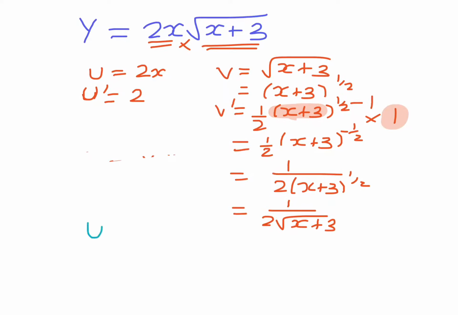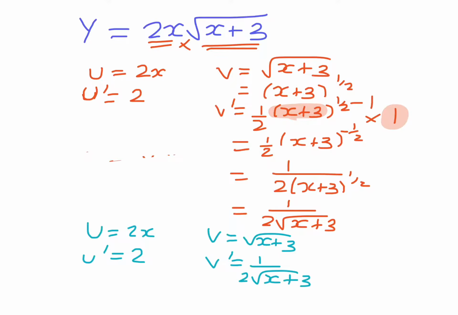So we're going to go u equals 2x, u dash equals 2, v is root x plus 3, and v dash is 1 over 2 root x plus 3. So I've got it all set up to go now.